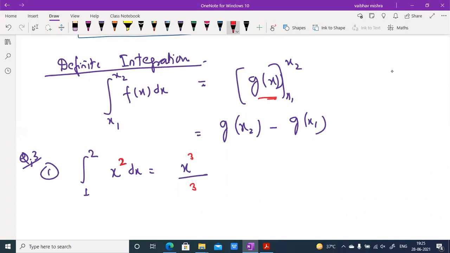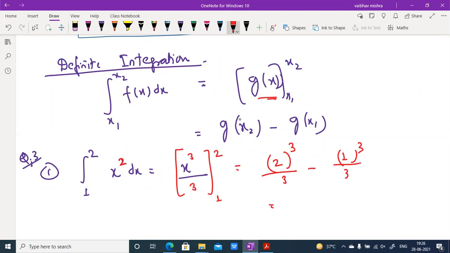So this is x cube by 3. And then we have to apply the limit. So from 1 to 2, applying the limit means you replace x by its upper value minus you replace x by its lower value. 2 cube by 3 is 8 by 3. 1 cube by 3 is 1 by 3. 8 minus 1 becomes 7 by 3.